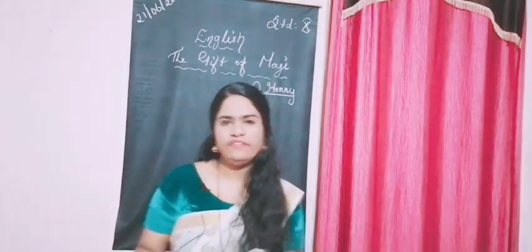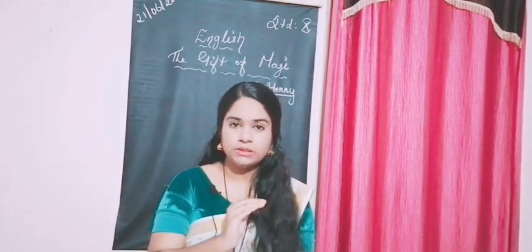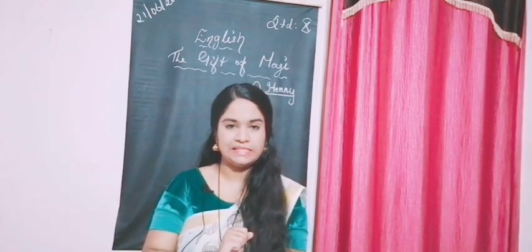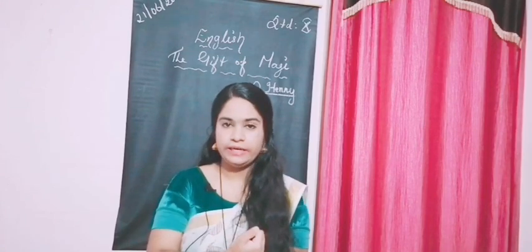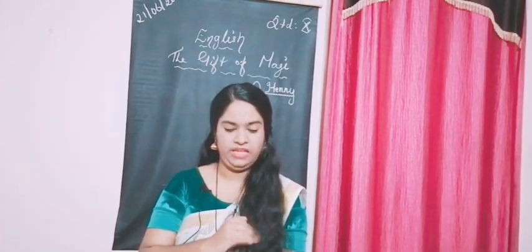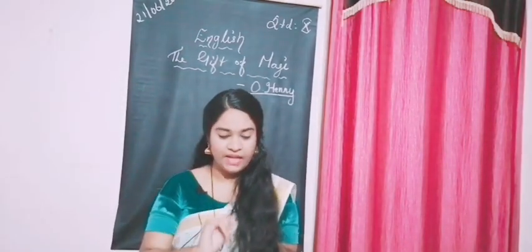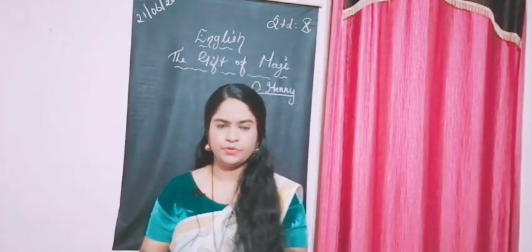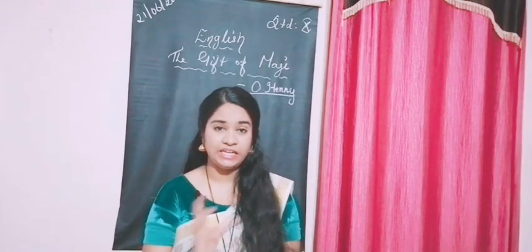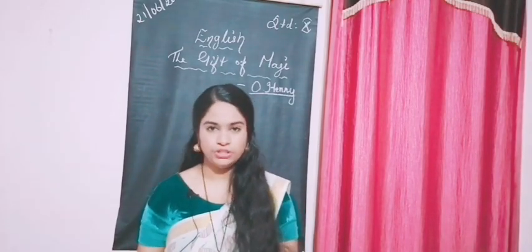First I will give you a brief introduction on the name, like how the name of this lesson came about, how they ended up with such a name, Gift of Magi. It's something different, right? So let's see the meaning of that title. Why did he give this title for this particular story?